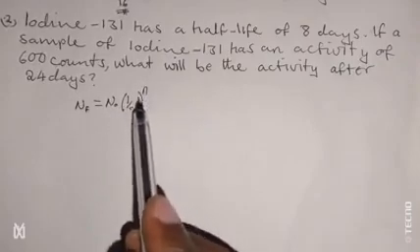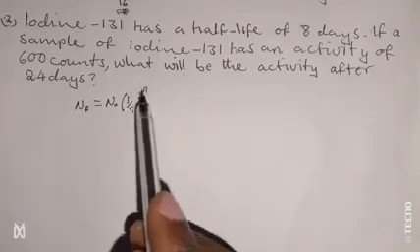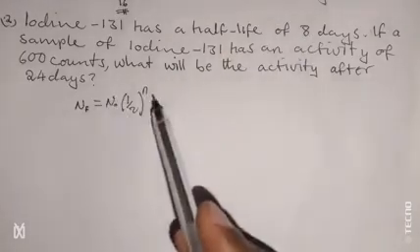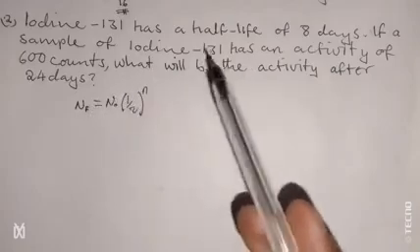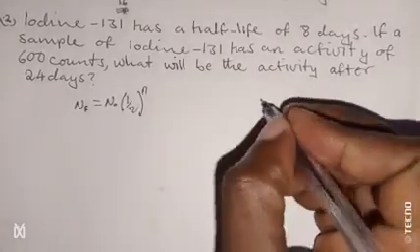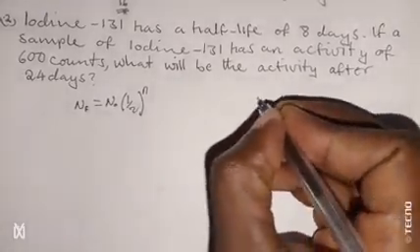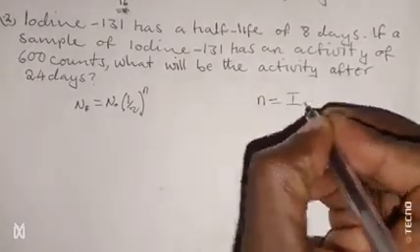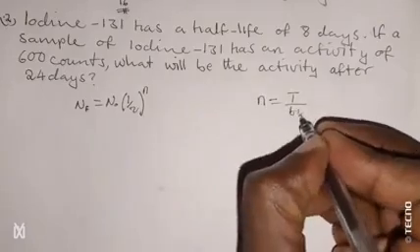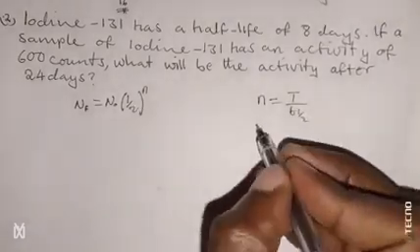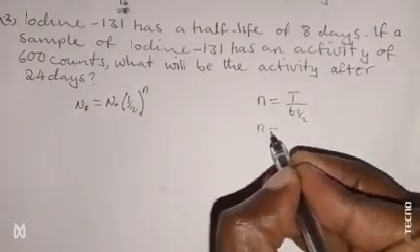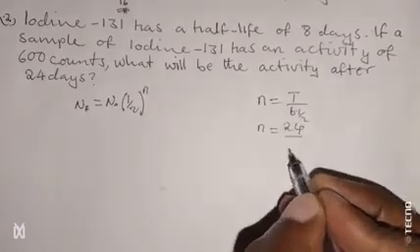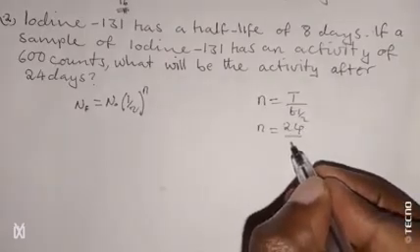Then n, the number of half-lives, we don't have, but we have been given the information that can help us to find the number of half-lives. So we'll apply the same formula: n is equal to total time over half-life. So n is equal to total time, here it's 24, over half-life, here it's 8.